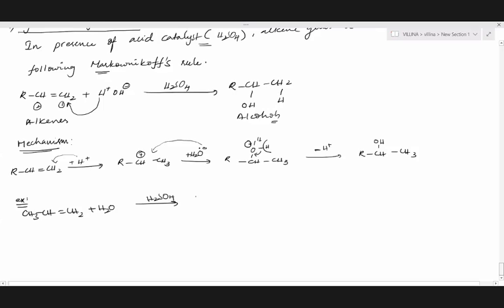So if you take a simple example, take propene, CH3, CH double bond CH2, on acid catalyzed hydration. What is the product formed?